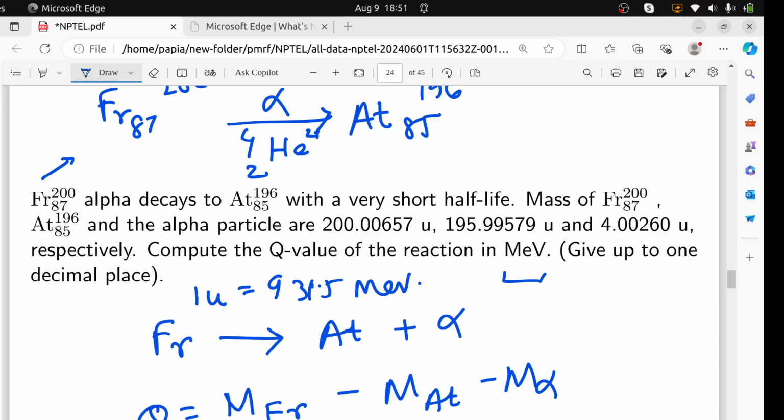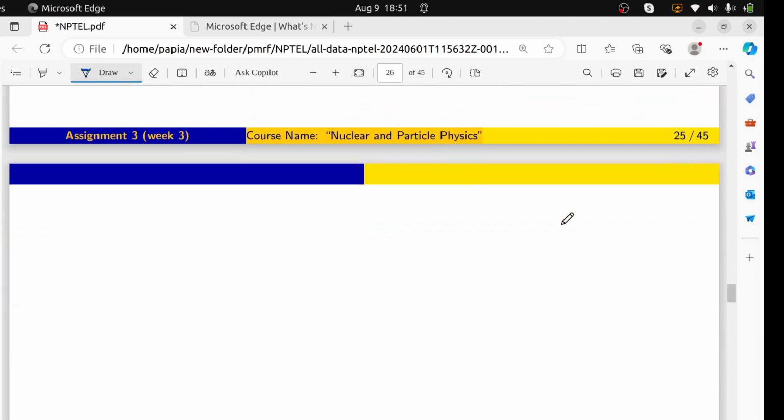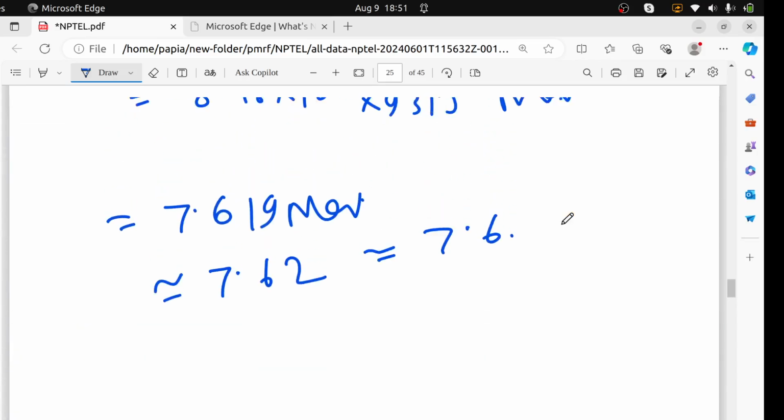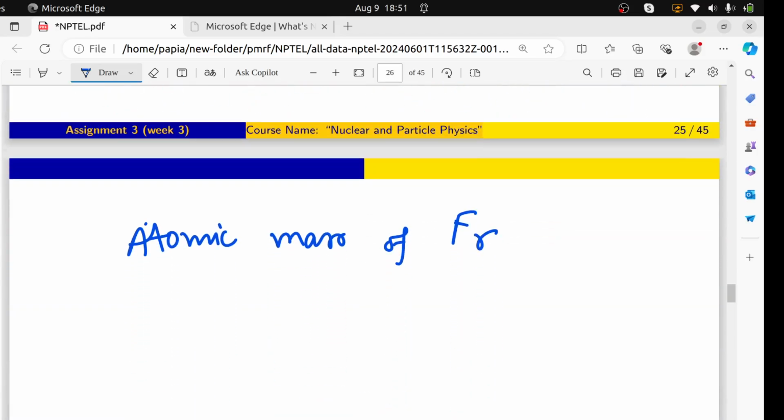But let's say it is an atomic mass. Maybe I can write here. Let's say the atomic mass of FR I am talking about. FR has 87,200. So the atomic mass of FR 87,200 is given.